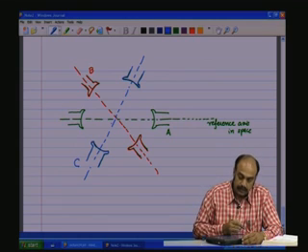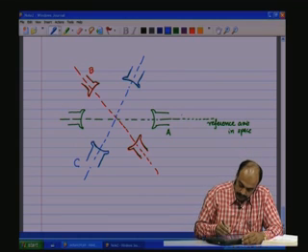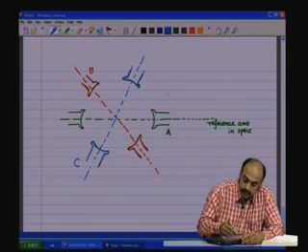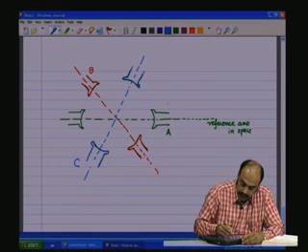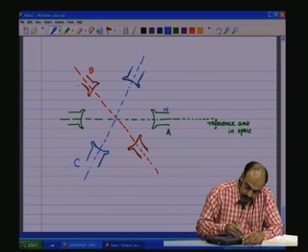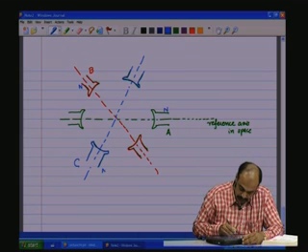So, if I mark the polarity in terms of dot or the north, let us say these are the norths, this is the north and this is the north.